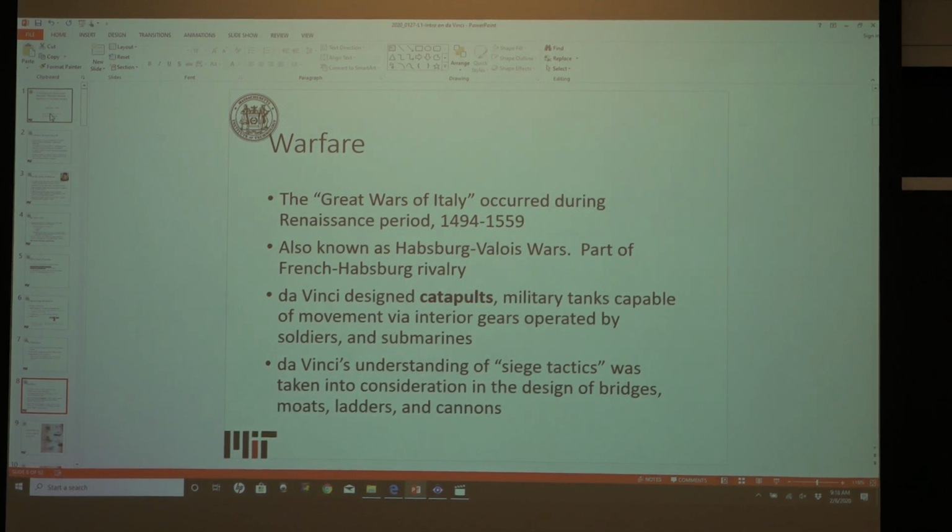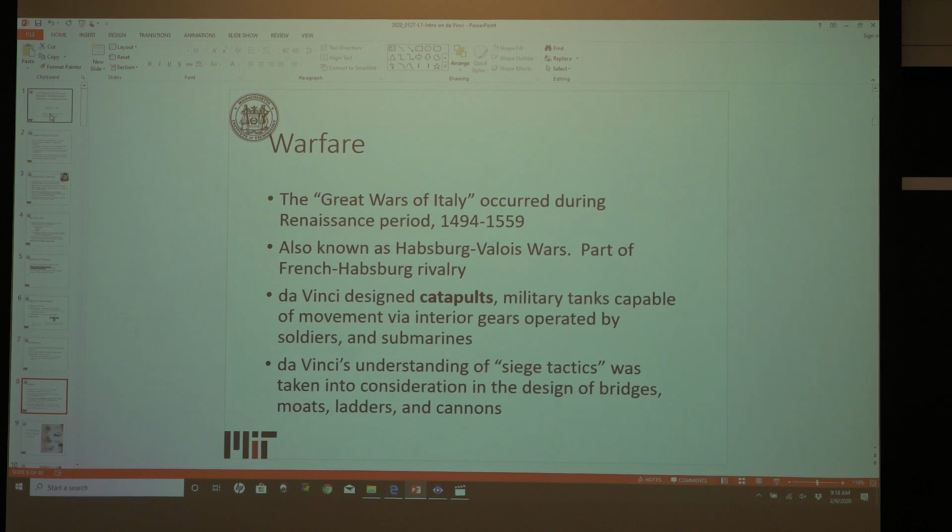So what happened was he was commissioned by the Duke of Milan. Basically, the Medici family said they would pay him. They wanted his designs. And one of his initial designs were for catapults and military tanks capable of moving soldiers, and submarines. His understanding of siege tactics was used especially with respect to his designs for tanks.